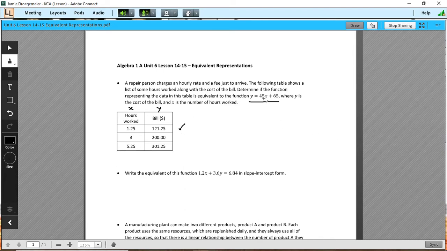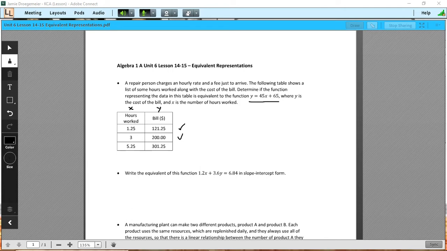When x is 3, 45 times 3 would be 135. 135 plus 65 does equal 200. And then the last one, 5.25. I multiply that by the $45 per hour, and I get $236.25.